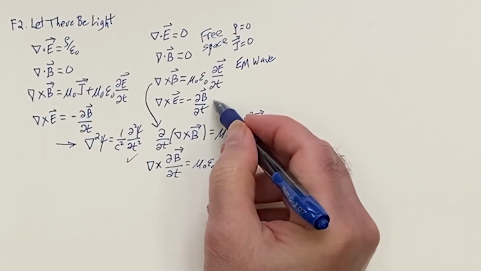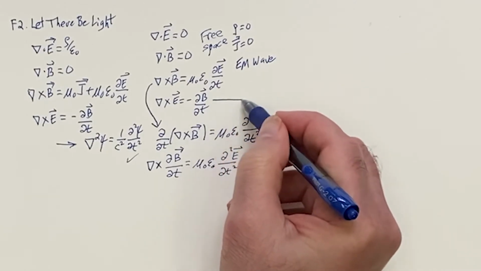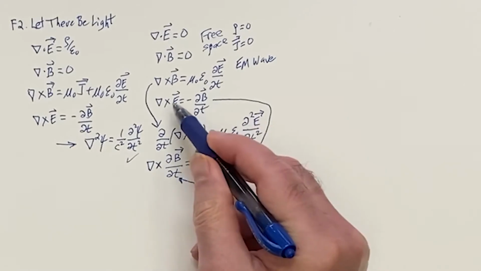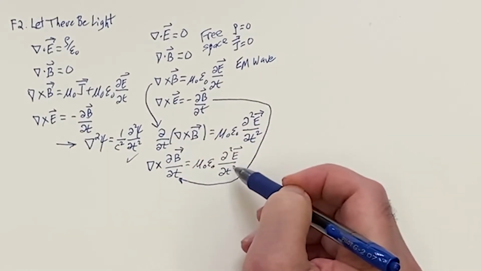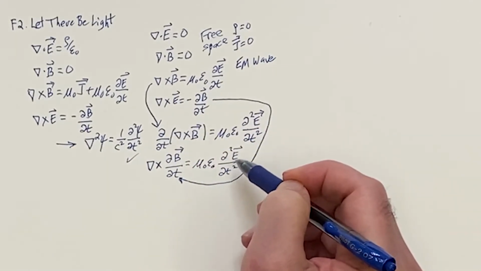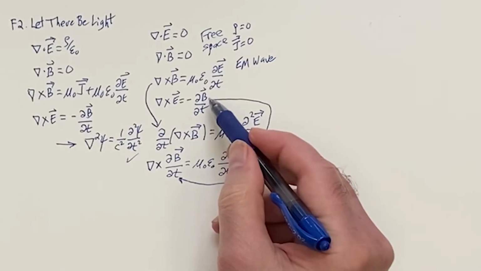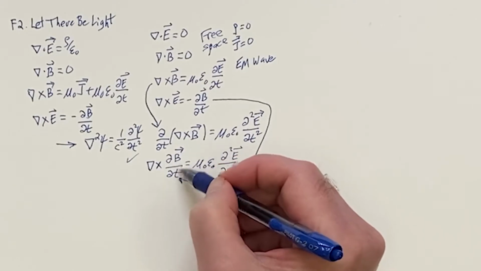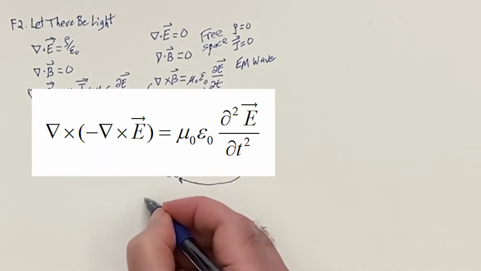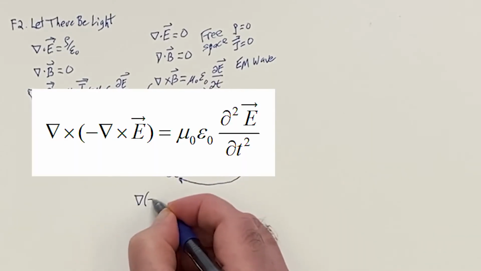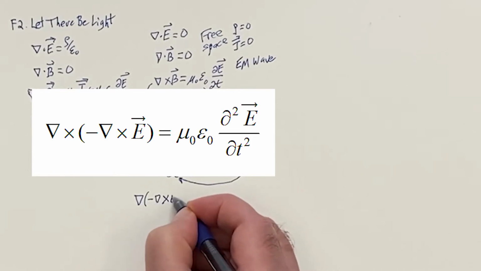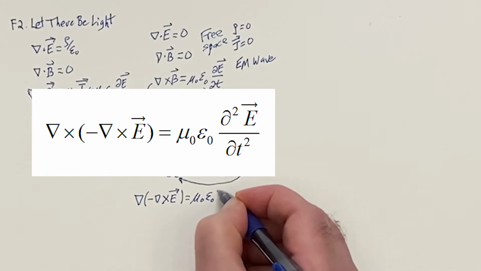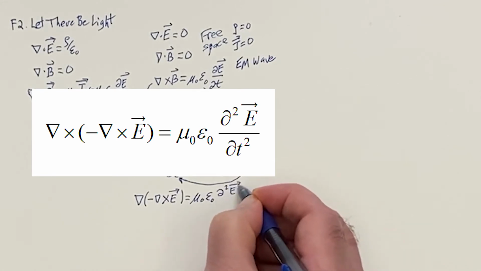Well, we're going to be using this equation here so that we can get back to have just E's. That's the idea. So by using this equation, for the derivative of B with respect to t, we're going to put in a minus the curl. So this is then minus the curl like this, and that's mu naught epsilon naught, and the second derivative with respect to time.